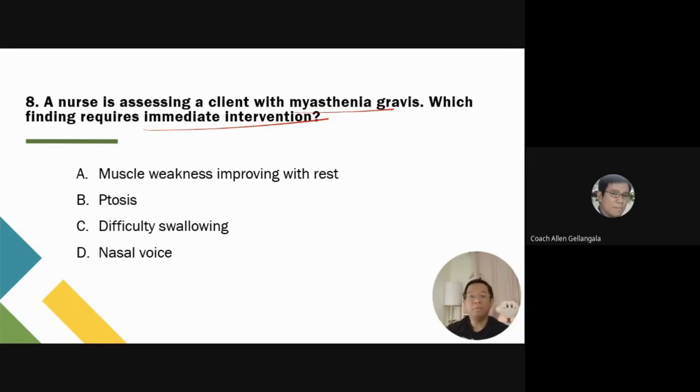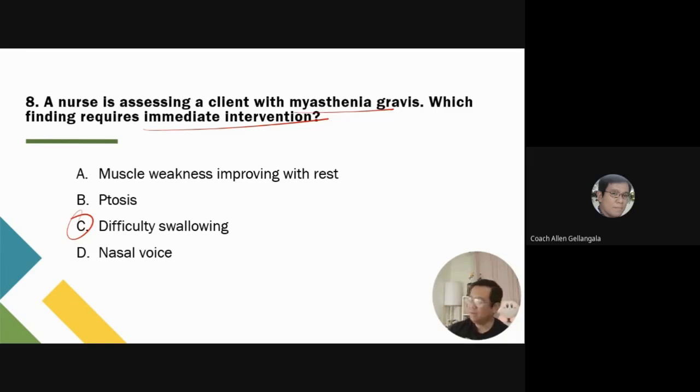If that is the basis of our analysis, what would it tell us? The one that would change the overall course of our interventions and care would be letter C.